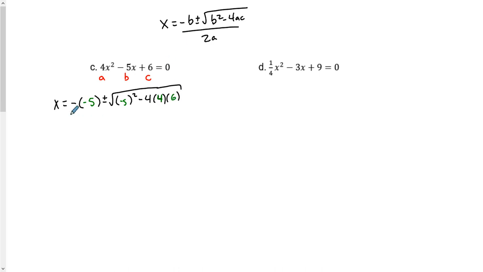That entire thing is being divided by 2, multiplied by the a, which is 4. So keeping in mind what the common errors are, negative of negative 5 is positive 5. Add or subtract, negative 5 squared is positive 25. Now this one's a little bit different. Negative 4 multiplied by 4 multiplied by 6 comes out as 96, all divided by 8.